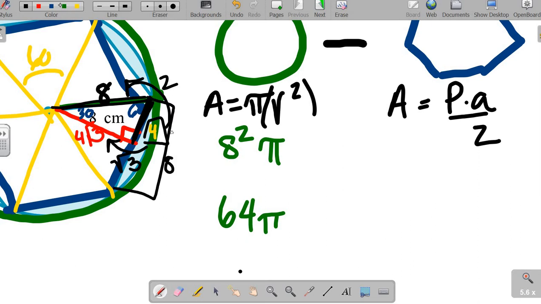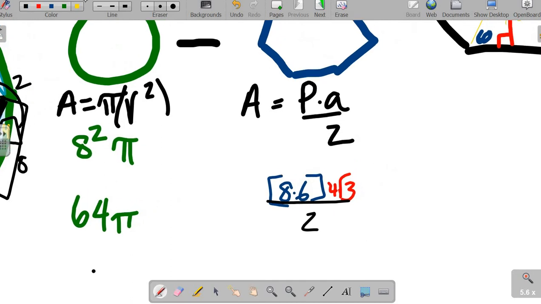So we come over here. Our perimeter is 8 sides times 6, or 6 sides times 8. Our apothem is 4 root 3 over 2. Two goes in there 4 times. 4 times 6 is 24. Basically, we have 16 times 6, however you slice it.